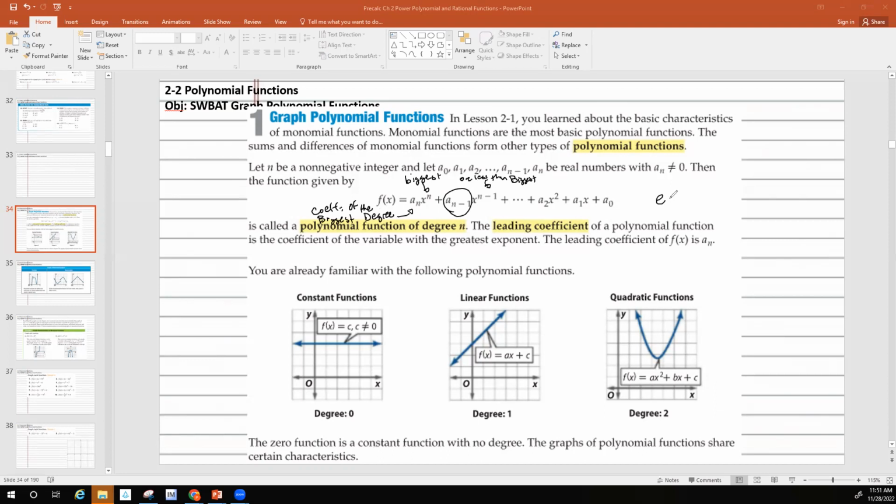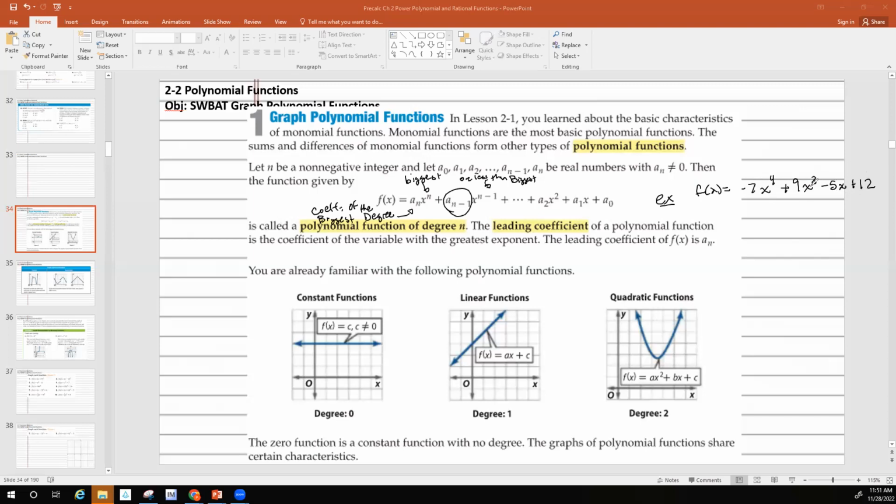Okay, so for example, you can have f of x equals negative 7x to the fourth plus 9x cubed minus 5x plus 12.